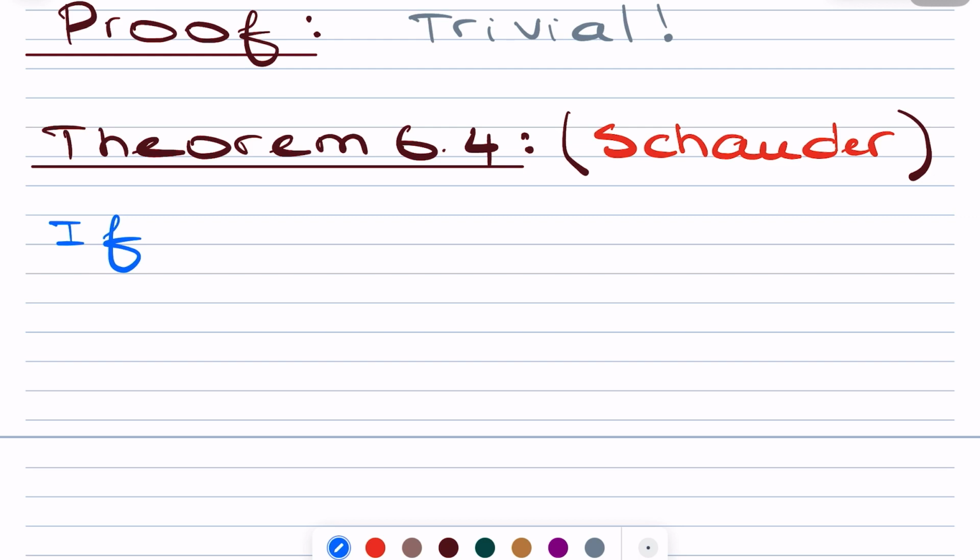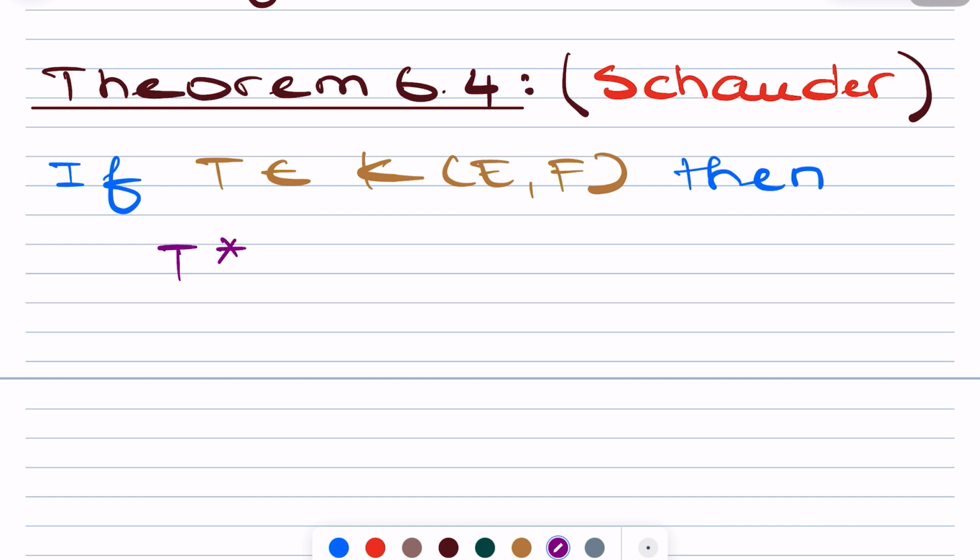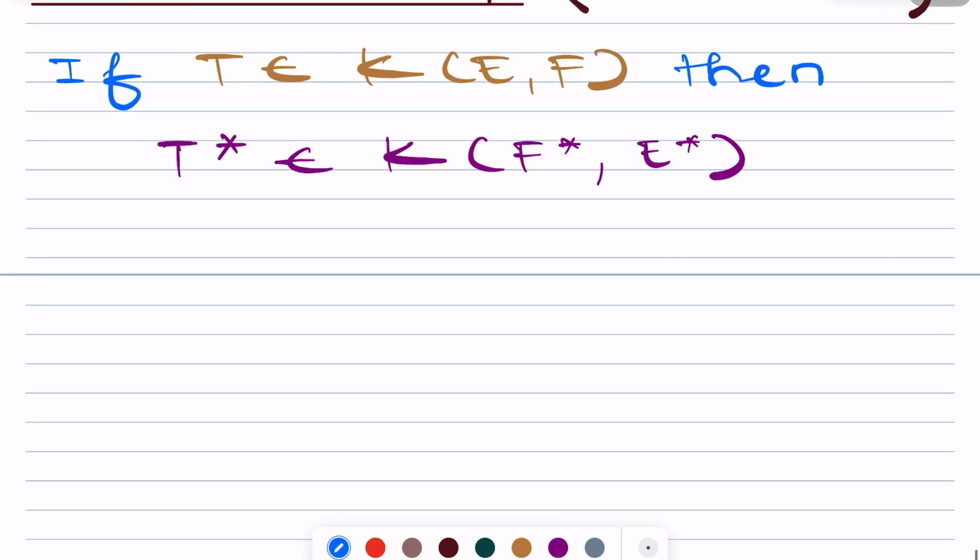So this theorem actually answers this question in the positive way. If T is a compact operator from E to F, then the adjoint of T is also a compact operator from the dual space of F to the dual space of E. And conversely, the converse is also true.